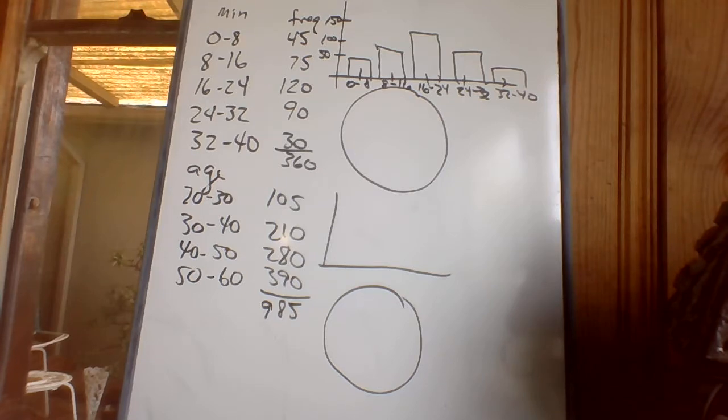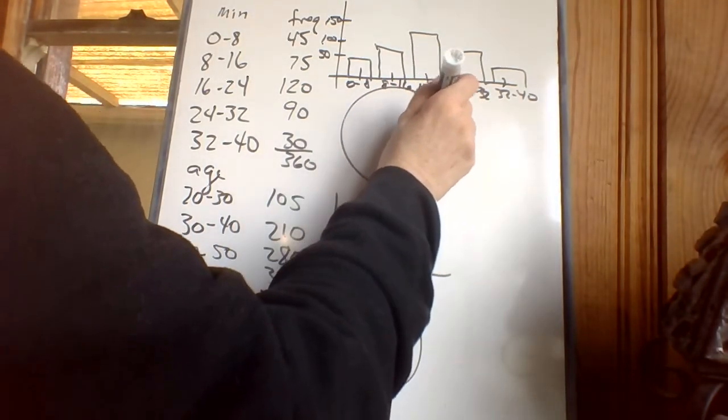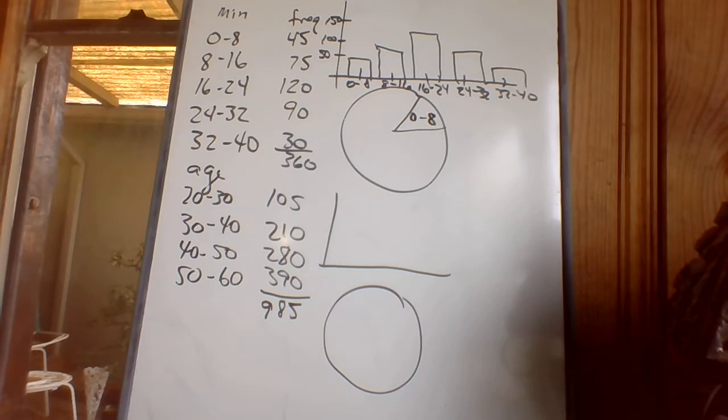It's like 1/8 of the chart. I know that 120 is like 1/3 of the chart, so I better save room for that. Let's see, 75 divided by 360 is, it says 0.208.